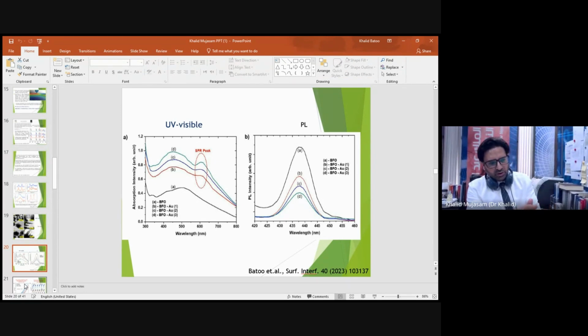Compared to that, if you look at the photoluminescence part, we see that there is a quenching effect happening, and it clearly evidences the formation of a Schottky barrier. We see that the pure BFO is at the highest luminescence level, while the BFO decorated with gold nanoparticles is at the lowest.